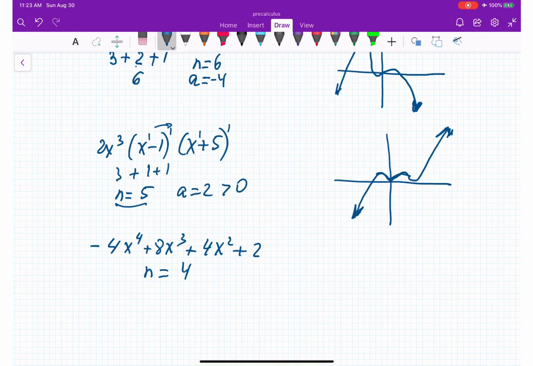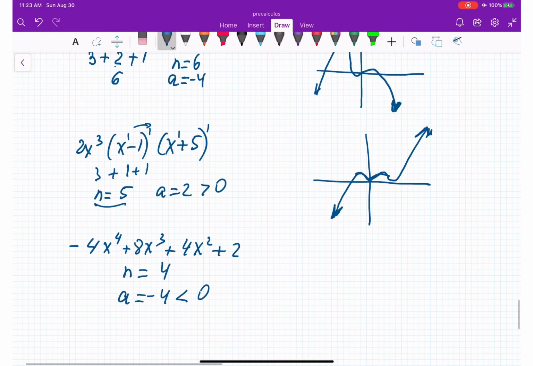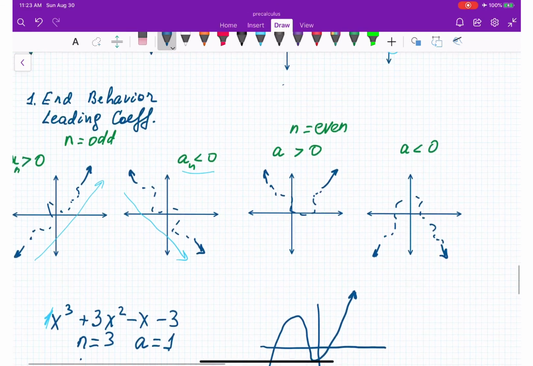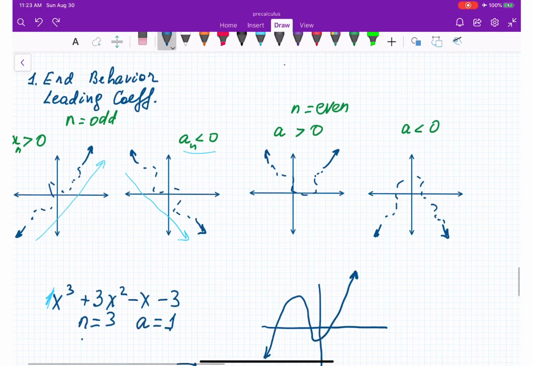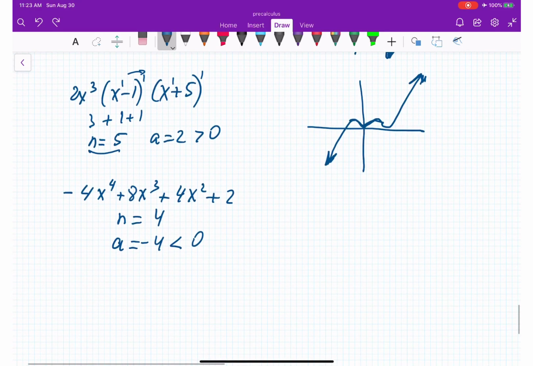And the leading coefficient is negative 4, which is less than 0. Since n is 4, it's even, so that means the end behavior, both of them either go up or go down. It depends on the leading coefficient, yes? Our leading coefficient is negative, which means both of them are going to go down.